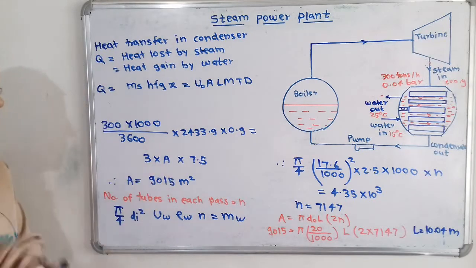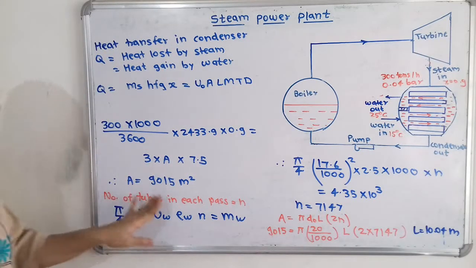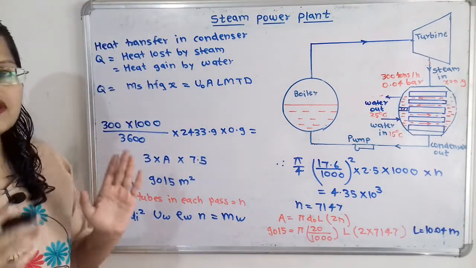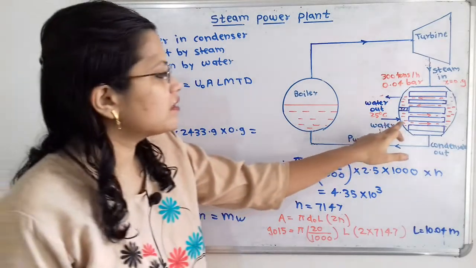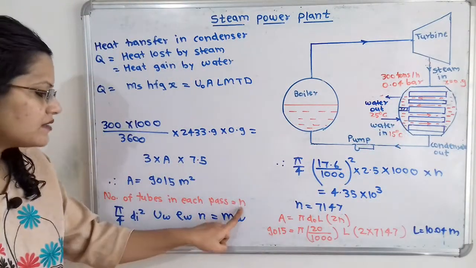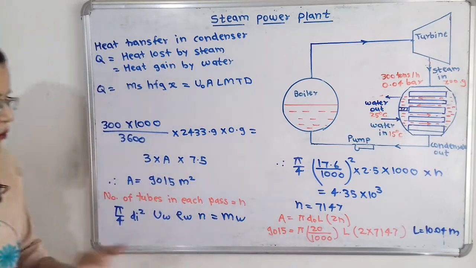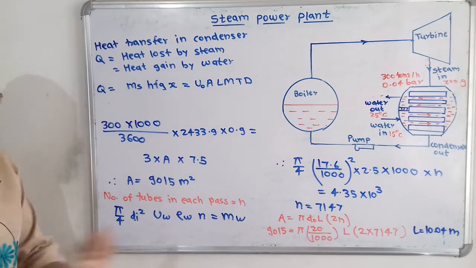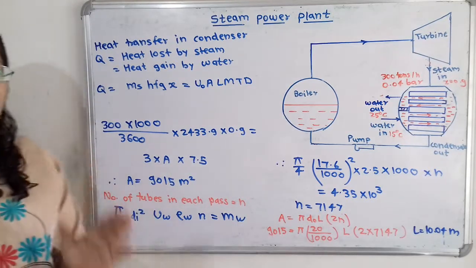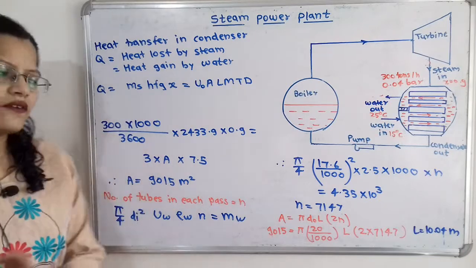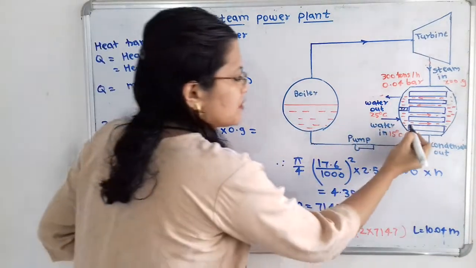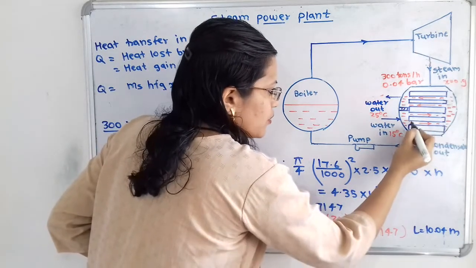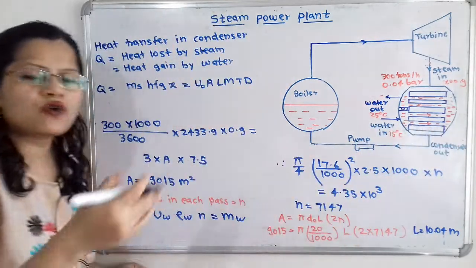Now for this surface area, we have to find the number of tubes in each pass. That is, we have to find the value of N. This is a 2-pass water condenser, so the number of tubes in each pass is N. The formula for that: if we observe the mass rate of flow of water, m_w, the water is flowing inside the tubes, so the whole area of the tube is occupied by the water.